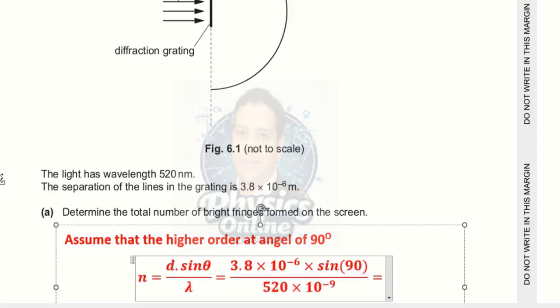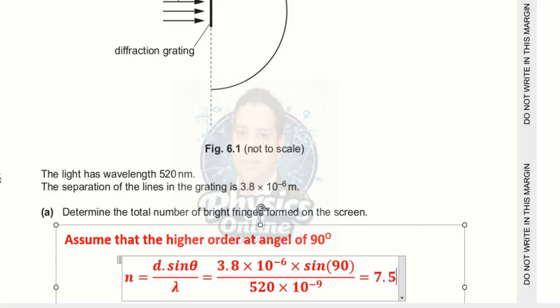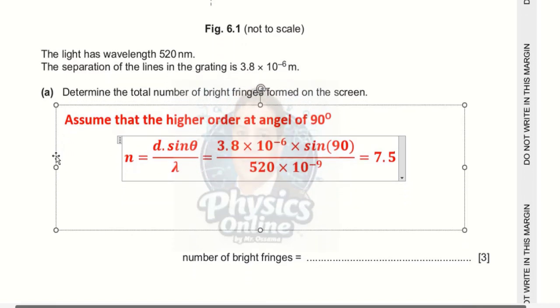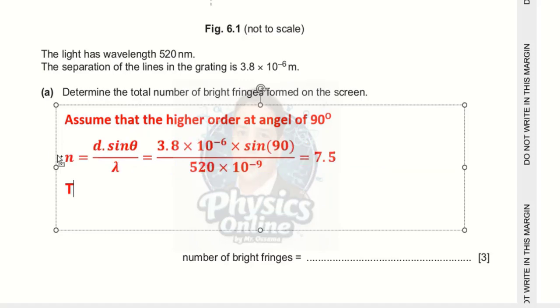It's 3.8 times 10 to the power negative 6, the angle 90, sine 90 equals 1, divided by lambda 520 times 10 to the power negative 9, which gives 7.5. The number of orders should be a whole number, so not 8, of course. So the maximum or highest order is 7.